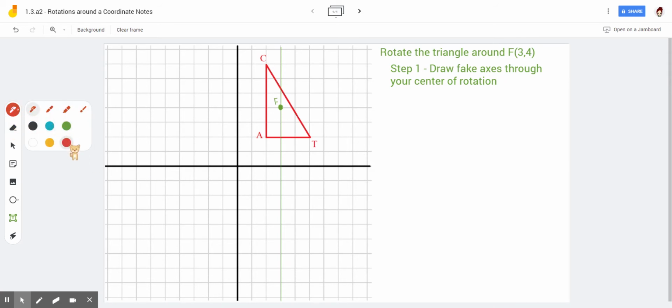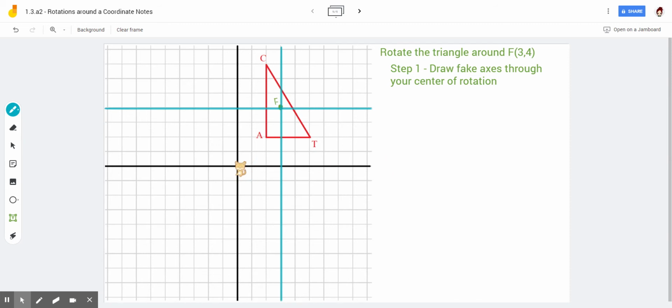And then I'm going to make that a little bit brighter. So now I have a fake XY axis.